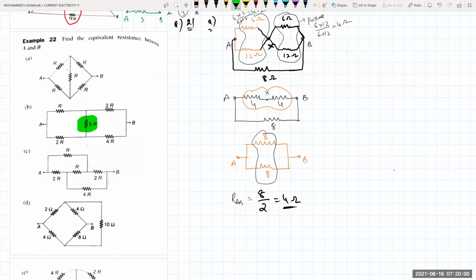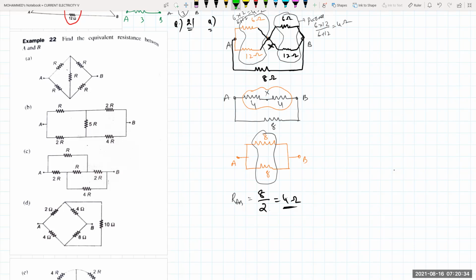So if I remove this 5R, R and 2R and 2R and 4R will be in which combination, beta? This R and 2R will be in series. This 2R and 4R will be in series. Clear? Yes, sir. Got it, everyone? Yes, sir.